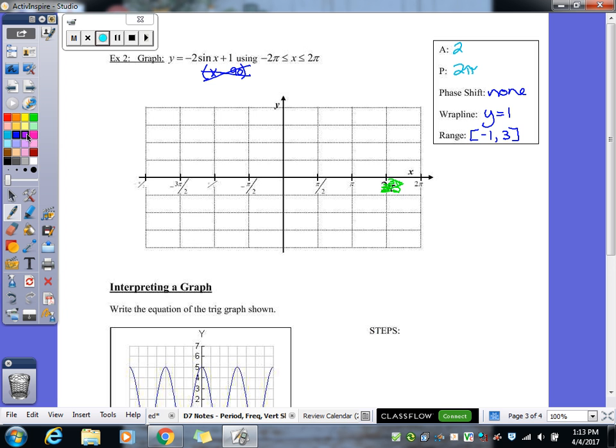So one other thing for us to figure out that's not part of our box: key points. Again, it's 2 pi divided by 4, because 2 pi was our period, so period divided by 4. Not 2 pi. Pi over 2. So every pi over 2. So basically every line on my graph here, I'm going to have a key point.